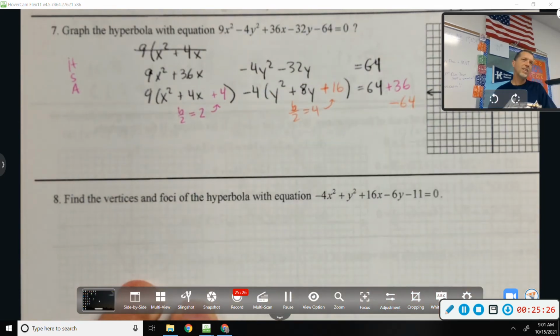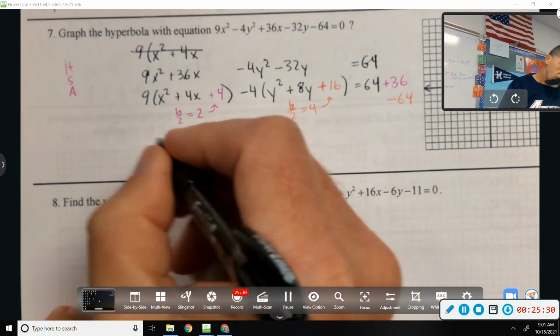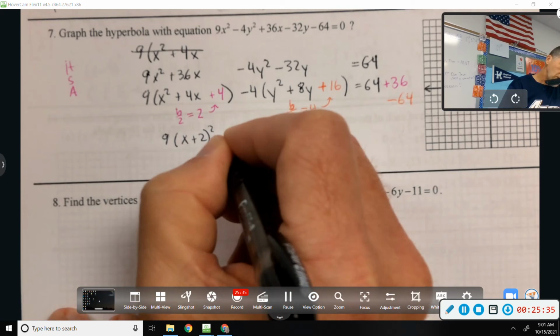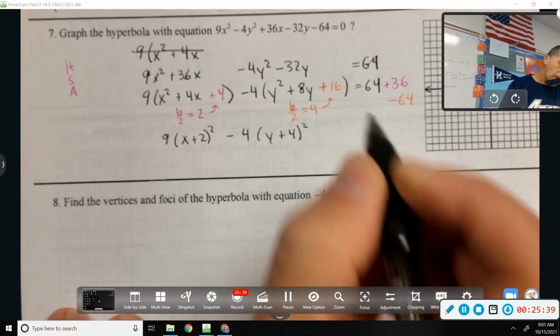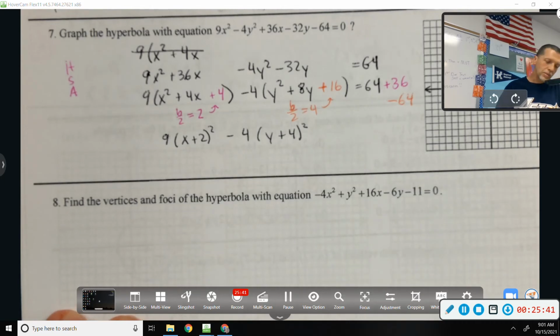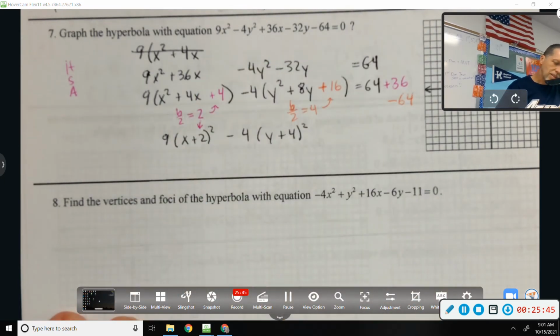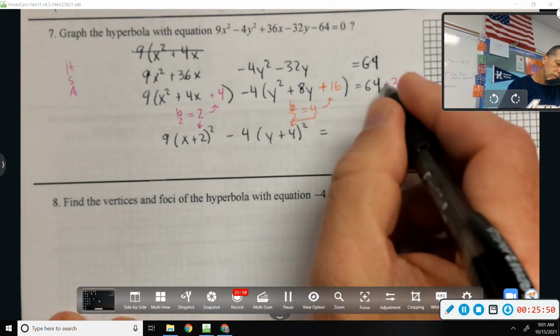So it would be 9 times x plus 2 squared, minus 4 times y plus 4 squared. Remember, I can factor quickly because all I'm doing is using b over 2. I'm not really factoring, I'm just copying down whatever b over 2 is. Equals 36.